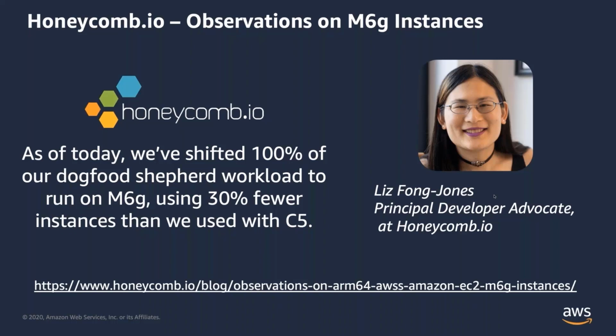They completed the port in less than 15 days, not 15 days of work, but just 15 days of elapsed time, for a total of a little bit more than 10 hours of actual work. And now they have migrated the workload from a fleet of C5 to a fleet of M6G, using 30% fewer instances than previously.